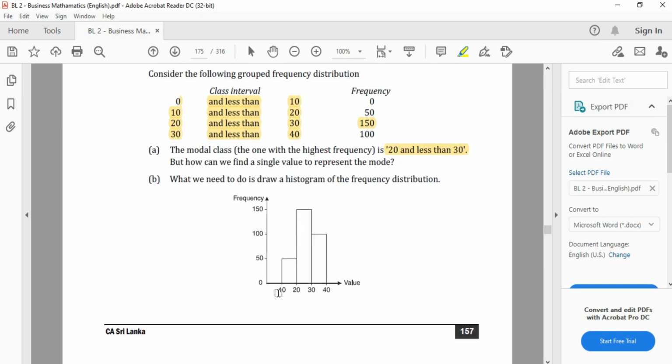You remember when drawing histograms we multiply the adjustment factor by the frequency. That value will be the height of the bar, not the frequency. In this case, it's the frequency because the gap in all the classes is the same, a gap of 10 in each.